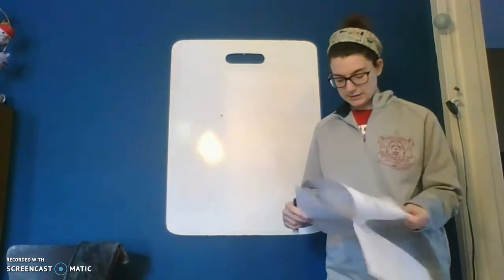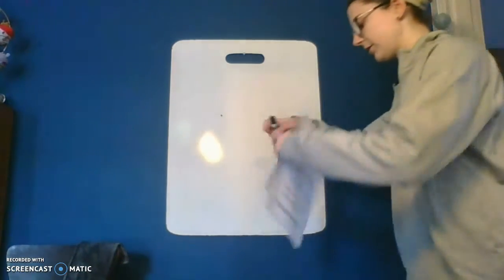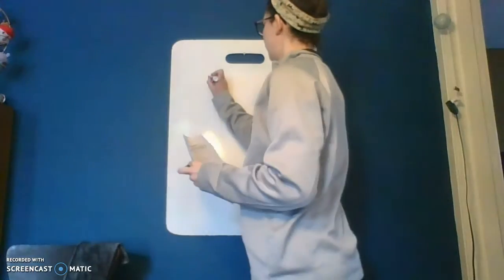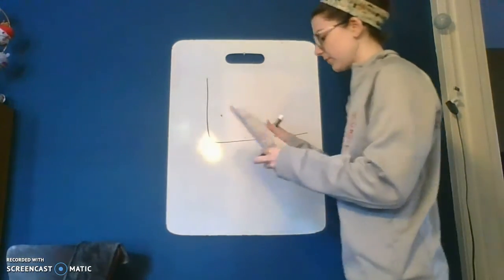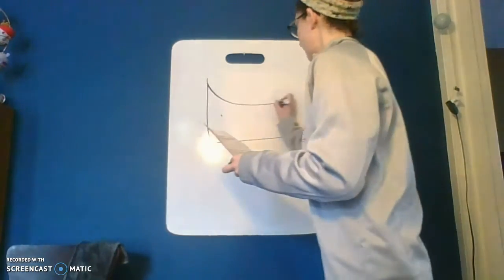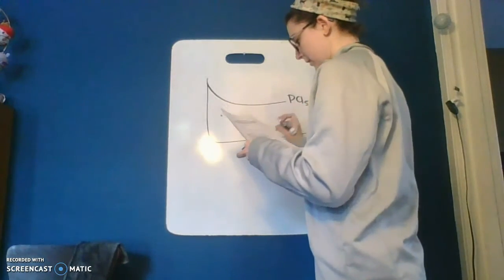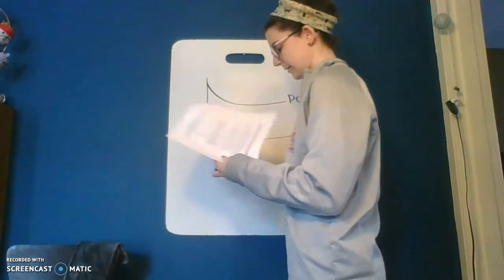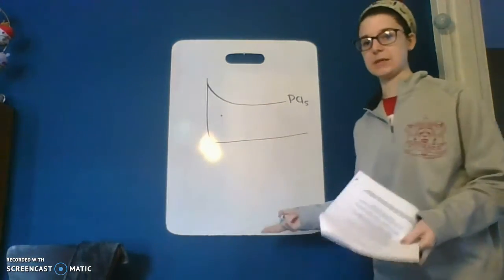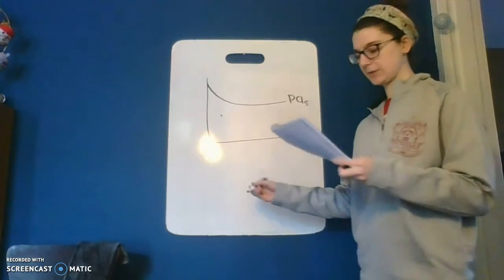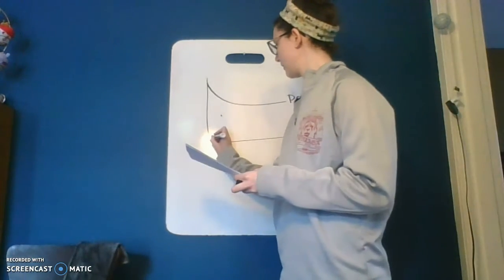For part C, we had to draw on the graph. So originally on the graph, they give you this, PCl5. Remember the concentration of both reactants towards the end, they have the same stoichiometric coefficients and they're both starting at 0.